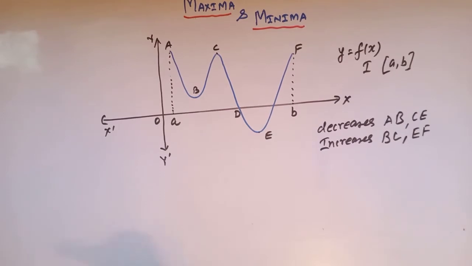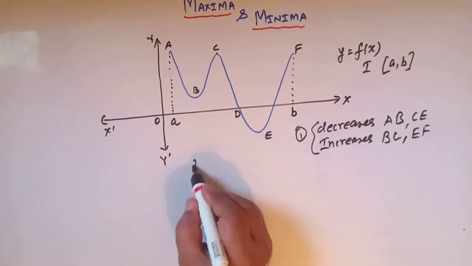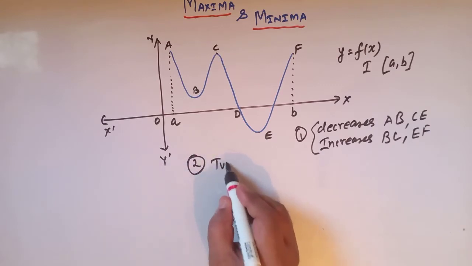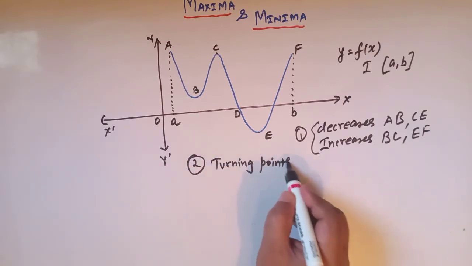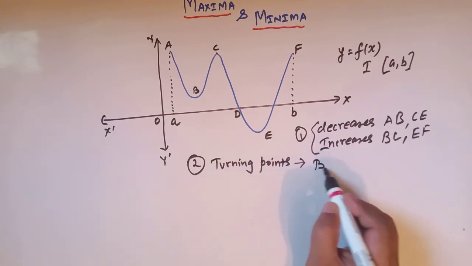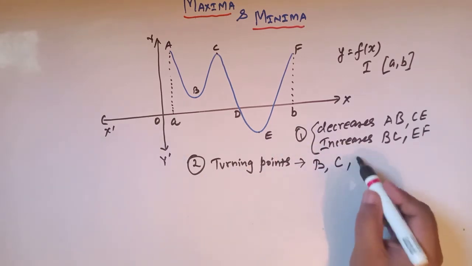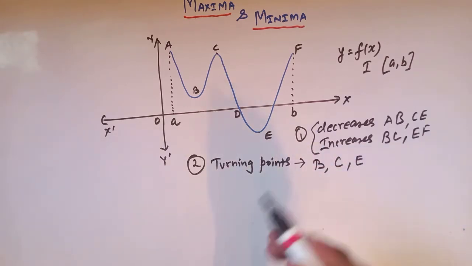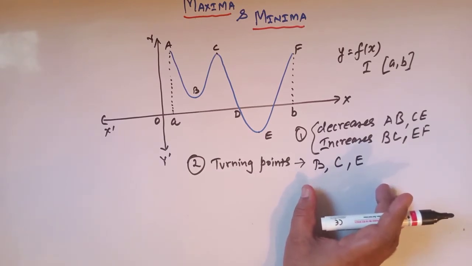Clear? Now the second thing is the turning points, or the stationary points. Here we have B, C and E as the turning points.